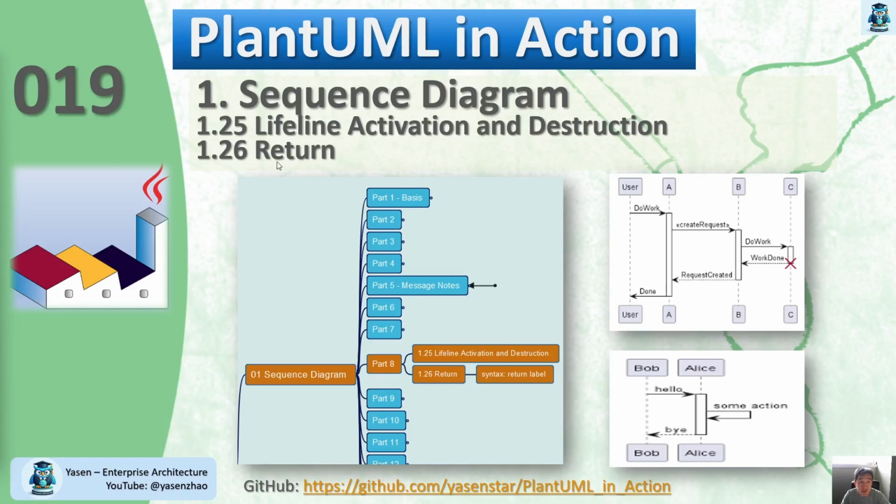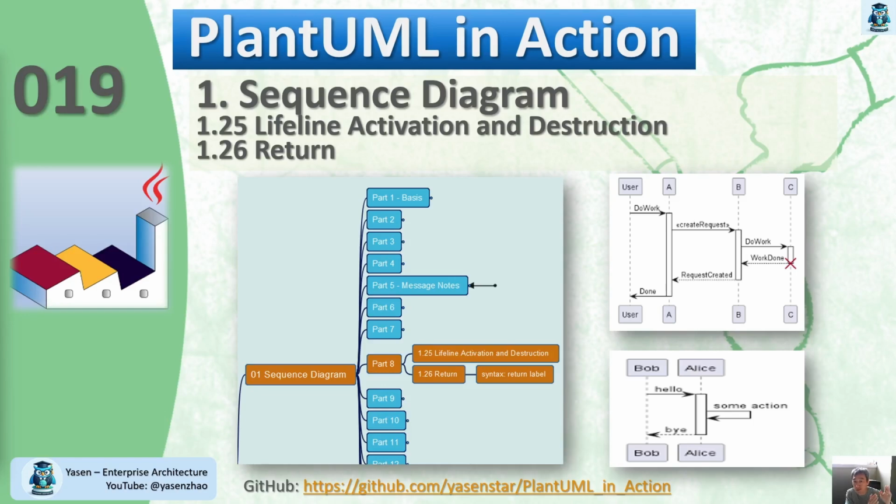And I put 26, return, in altogether because return is not too complicated. It's just adding your return label. So these are keywords that also help make coding easier.